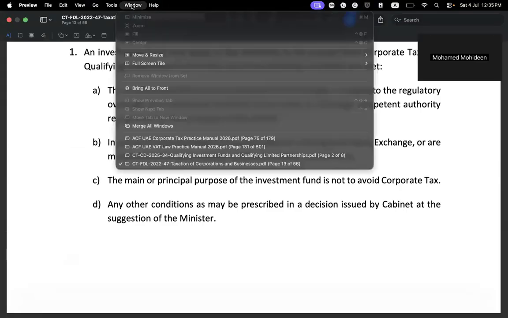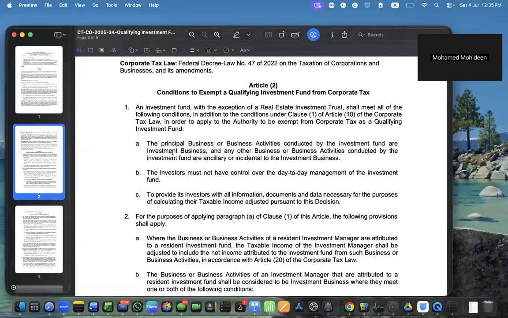Now let us go back to what we were looking at, the cabinet decision number 34. So let's now read. An investment fund, with the exception of a real estate investment trust, shall meet all of the following conditions in addition to clause 1 of Article 10, which we just saw. Four conditions out, actually five, but only two of them are very specific, right?